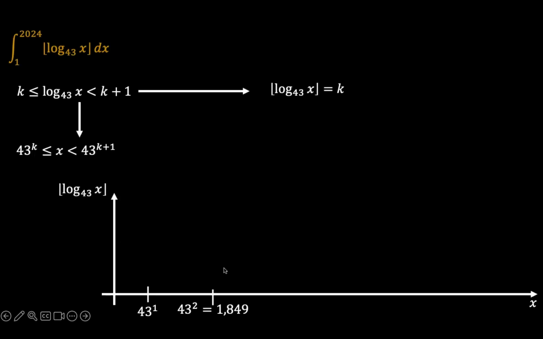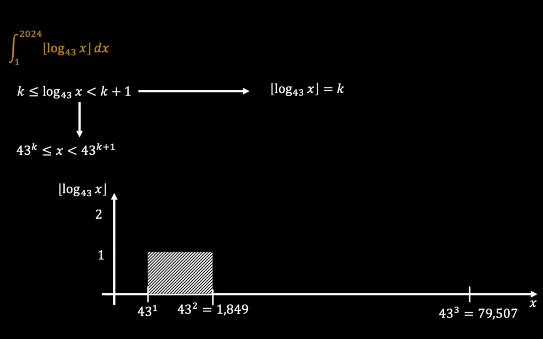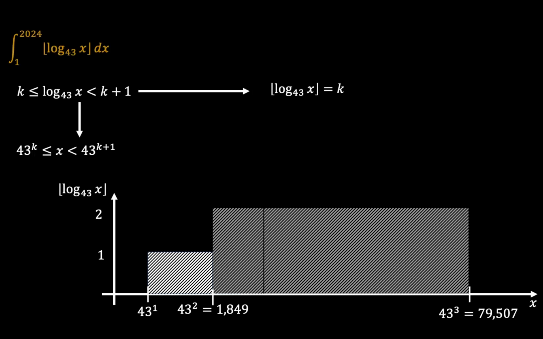And then for the next interval, 43 to the power 2 and 43 to the power 3, the floor function shifts to 2, right? So we said between 43 to the power 1 and 43 to the power 2, the floor function is 1. And between 43 to the power 2 and 43 to the power 3, the floor function is 2.